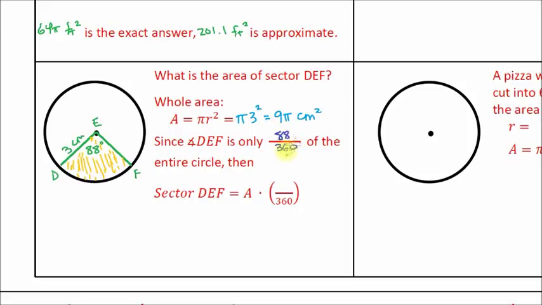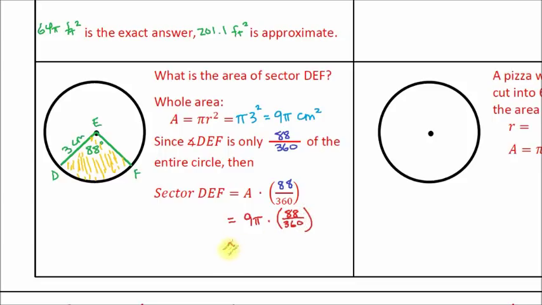So 88 degrees out of a total of 360. That's our ratio, or our fraction. And so to find the area of sector DEF, all we do is take the entire area and multiply it by the fraction of the area that we want. Pretty simple to do. So let's work that out. Sector DEF is going to be equal to the area, which is 9 pi, times our fraction, or our ratio of the amount of the circle that we want.